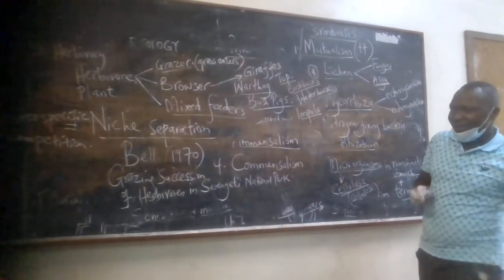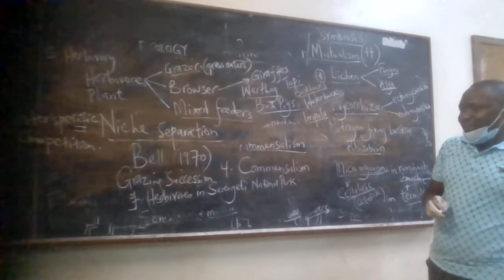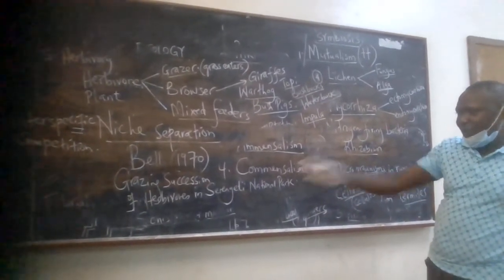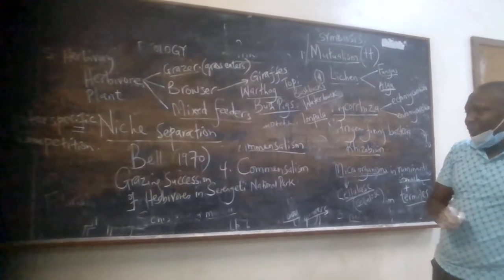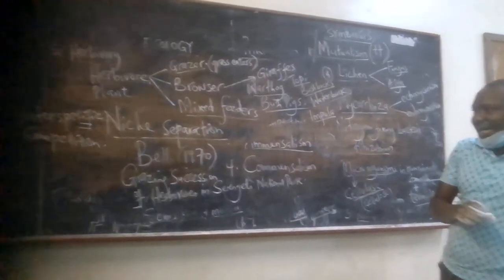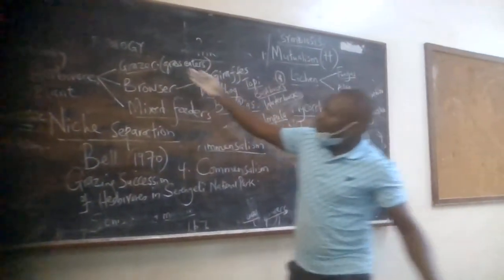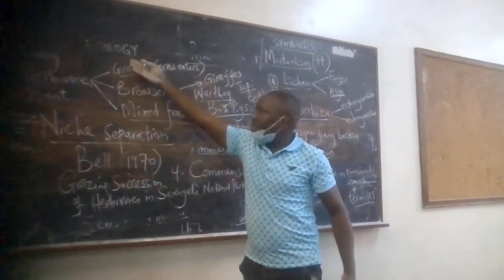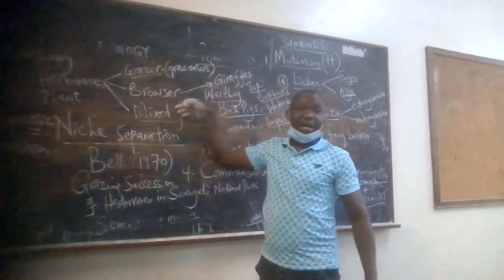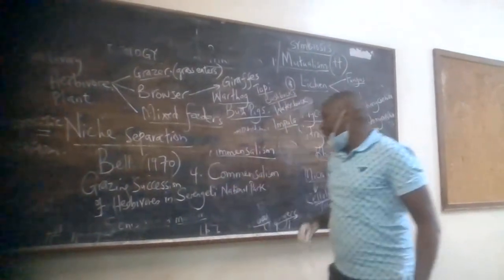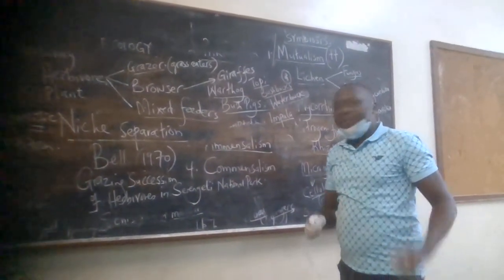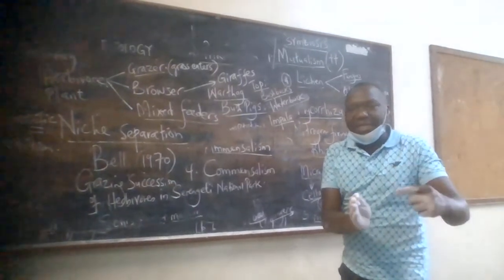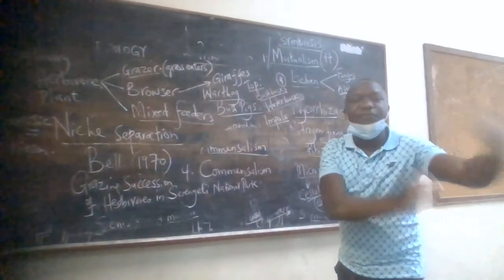For Bell, when studying the grazing succession of herbivores in Serengeti National Park, he realized that all of these groups of mammalian herbivores are represented, and they are of different sizes and select different foods.